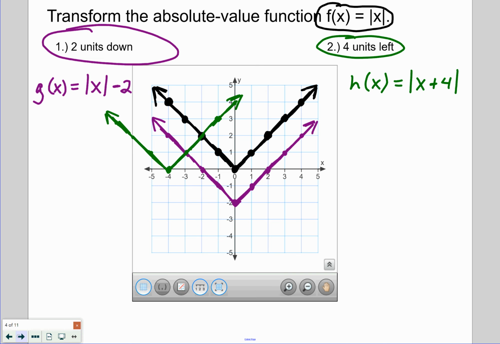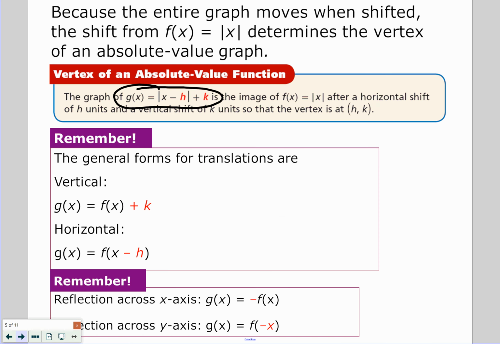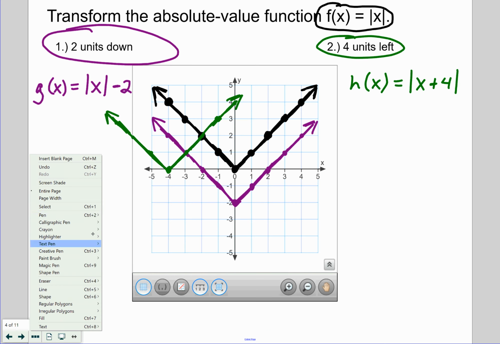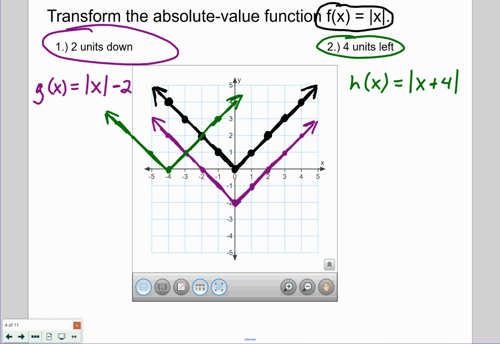That's exactly what you would think. But look at the h. What does the h have in front of it? It has subtraction. That's where you have to think opposite for what you think is going to happen. Here's why. Okay, see if you can get it. We said we were moving 4 units to the left, and that's a negative 4, correct? So I'm plugging in to my h, negative 4.